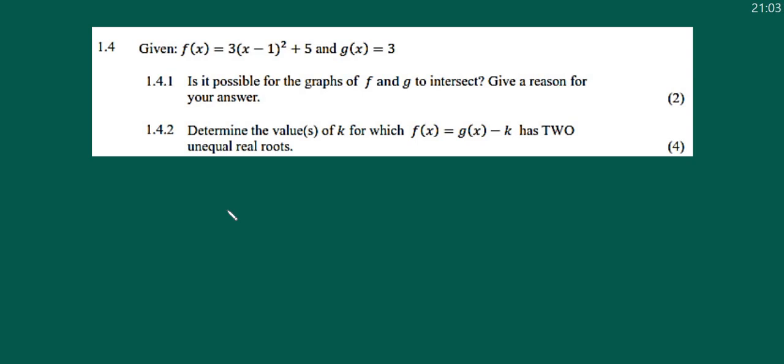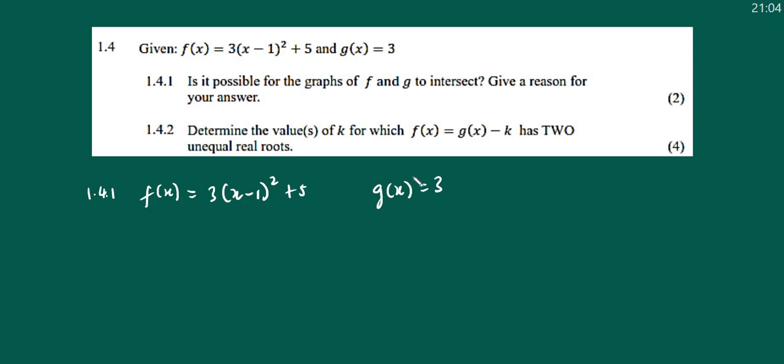The trick here is understanding how graphs intersect. Graphs intersect if they share the same x value and y value. One way to test this: for 1.4.1, f of x is equal to 3 into (x minus 1) all squared plus 5, and g of x is equal to 3.